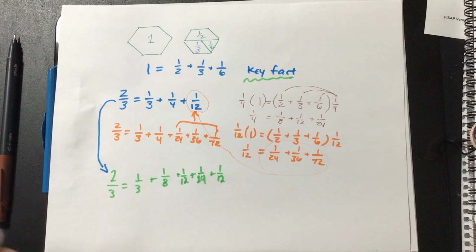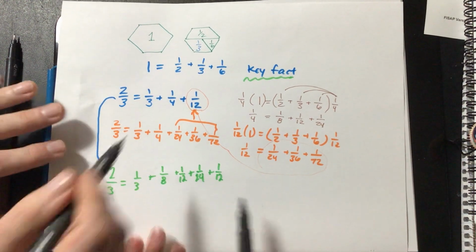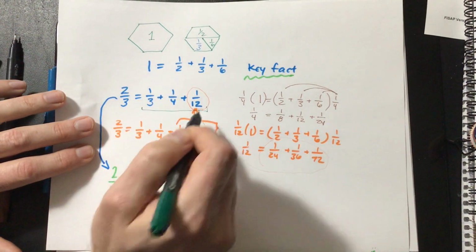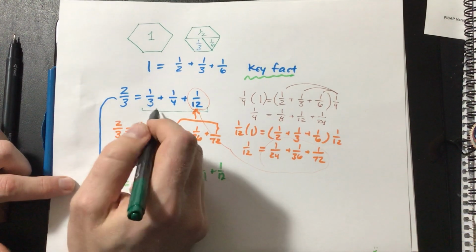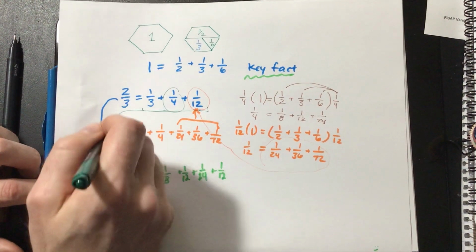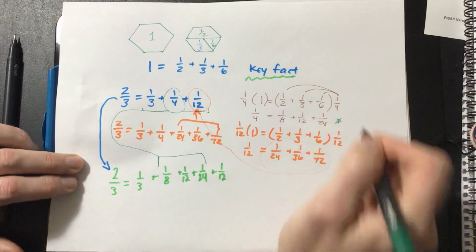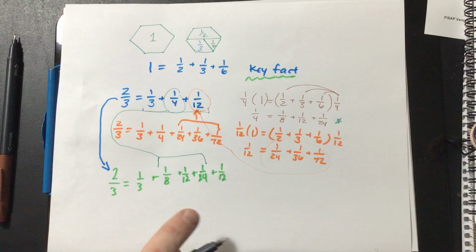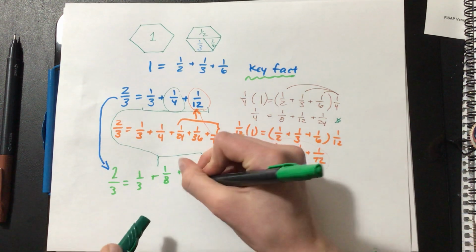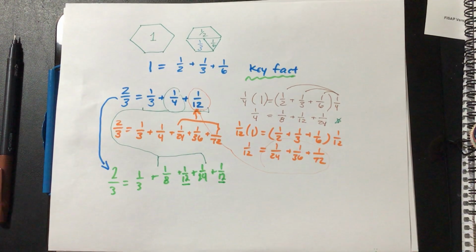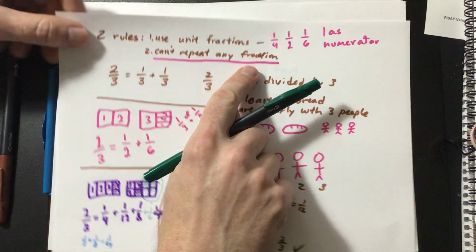But we repeated the 12. Oh, hang on. I noticed that too. That's pretty weird. But just to make sure that people understand what I'm doing, the 1/4, you replace that with those 3 from this one here. But then you noticed something, and it's really cool that you did. What did you notice? The 1/12 is repeated. Oh, man. So this isn't quite an Egyptian fraction because we're not supposed to repeat anything.